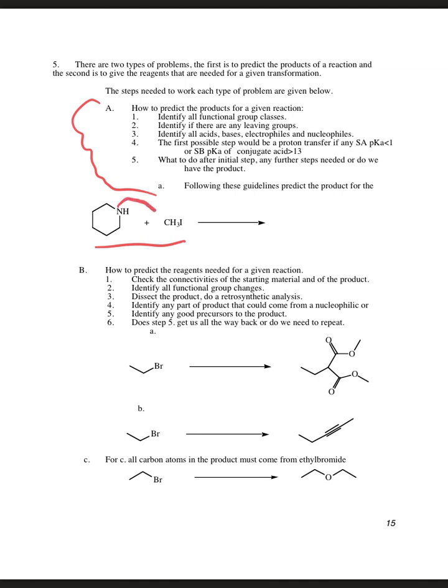So all we can do is have our nitrogen attack the carbon, kicking out the iodide to give us the nitrogen with now 4 bonds to it with a positive charge on it, and the iodide would be the counter ion to it. Okay, so that's the type of thing we'll do if we have to predict what the product is for the reaction.